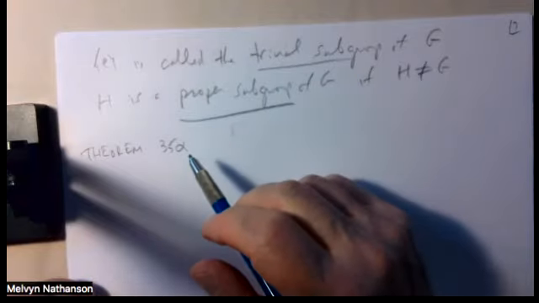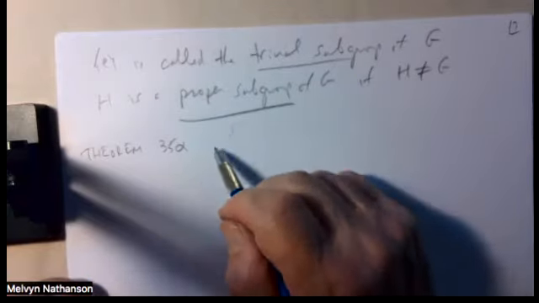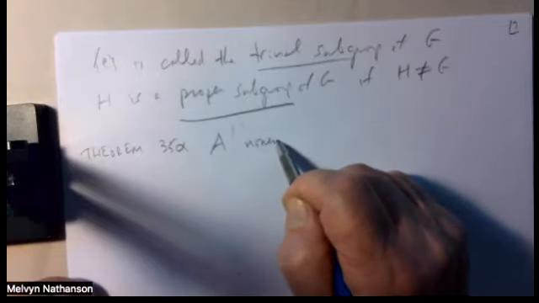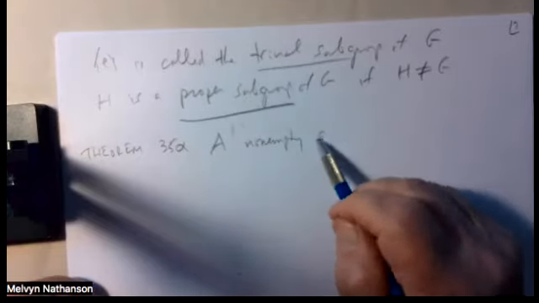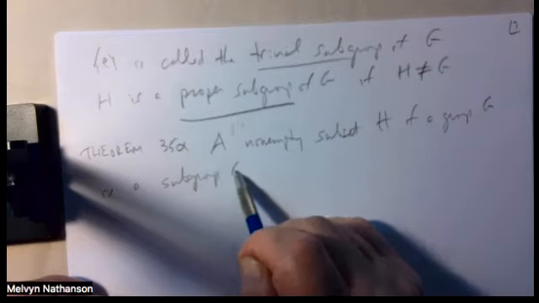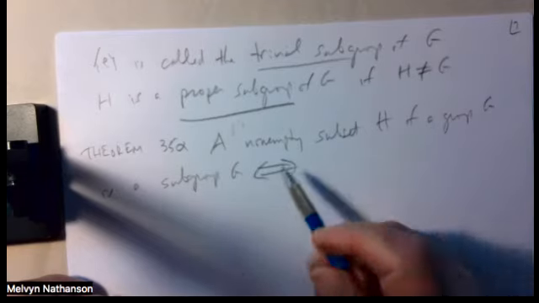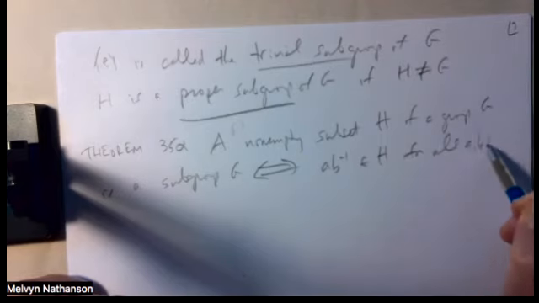It says that a non-empty subset H of a group G is a subgroup of G if and only if A times B inverse is in H for all A and B in H.